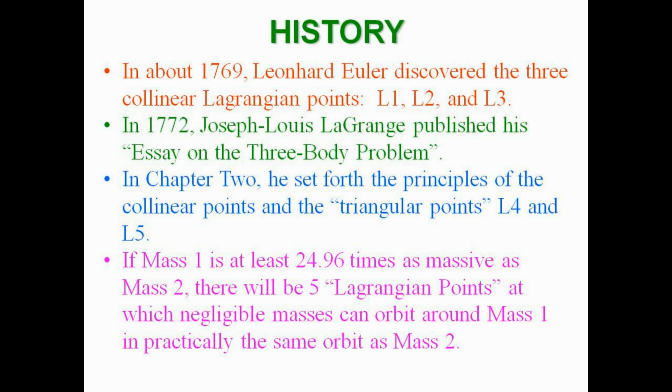Not necessarily in the same spot, but with the same orbital speed and year. So that's a little bit weird. It's not like what we were talking about last time.